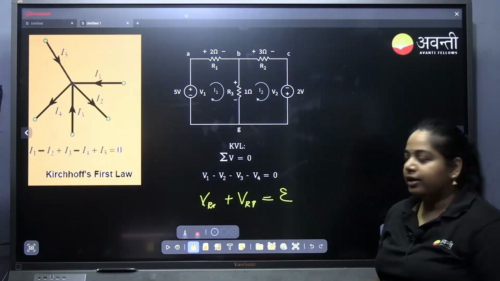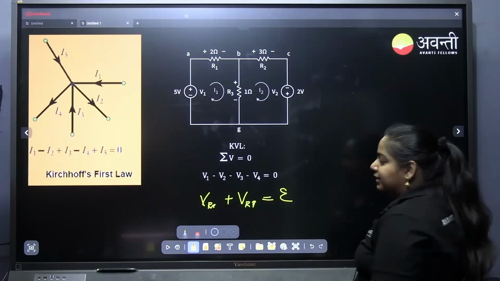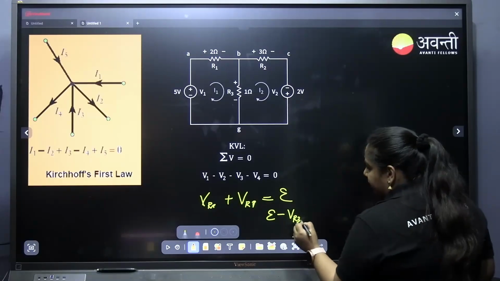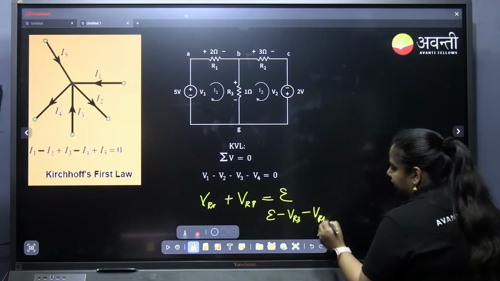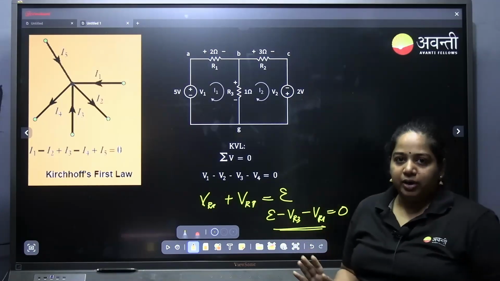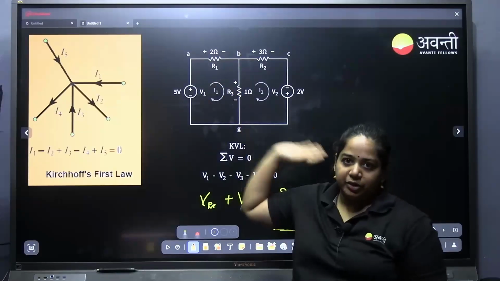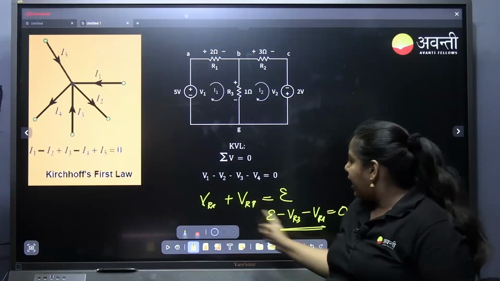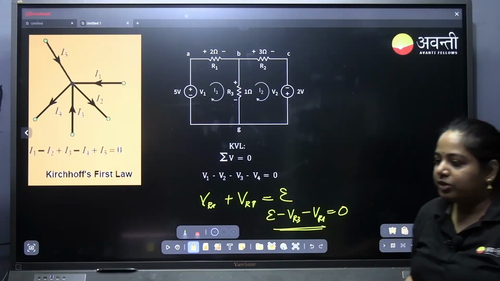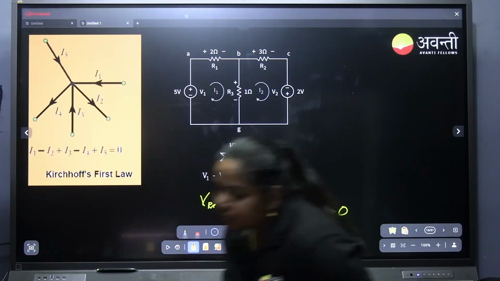When you bring everything to the LHS, you get E minus VR3 minus VR1 equal to 0. This is how you get that formula. It is one battery providing potential for this, so if you add all of them together you will get 0. Understood the meaning of this?